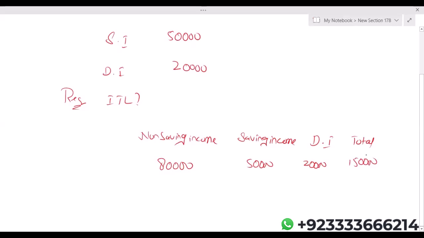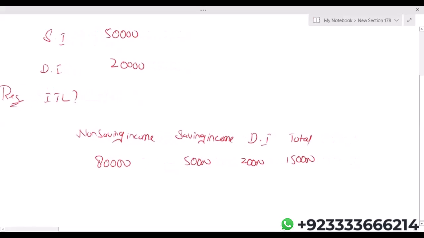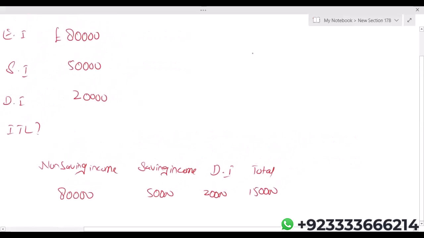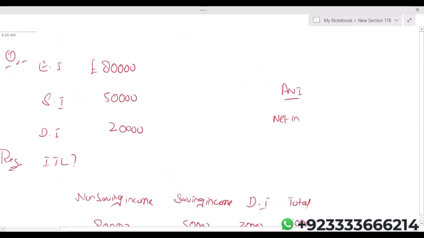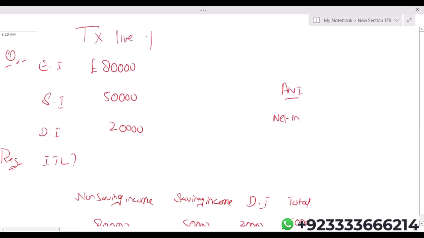There is no gross personal pension contribution in the question. It means that if you just check your ANI, adjusted net income, how do we calculate ANI? Simply net income.